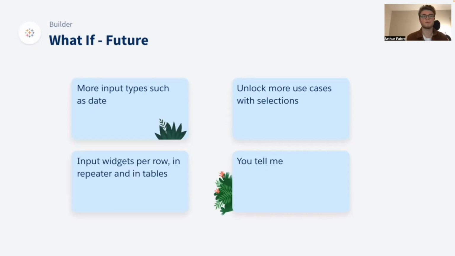We're also thinking of including input widgets per row, right? Let's say you're a sales rep director, right? And you have a list of sales reps. So each row in your table or repeater is a sales rep, and you want to see, like, for each of them, how are they doing on their quota, but you want to be able to change their quota performance, or preview or prediction using a slider, right?